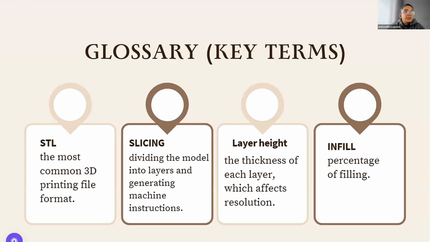Then we have the infill. The infill is the internal lattice or the percentage of filling. In 3D printing, it depends on the technology, but generally we have an infill or filling in the part, and we can control the percentage of that filling and the geometry of the filling.